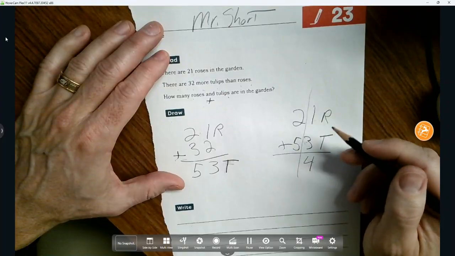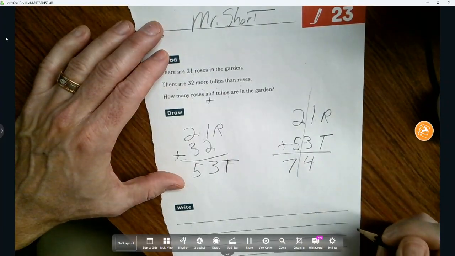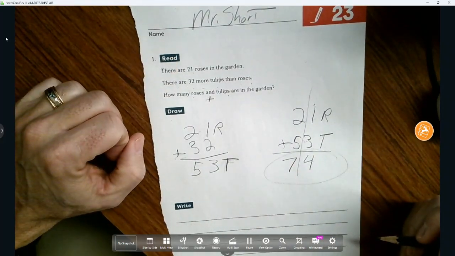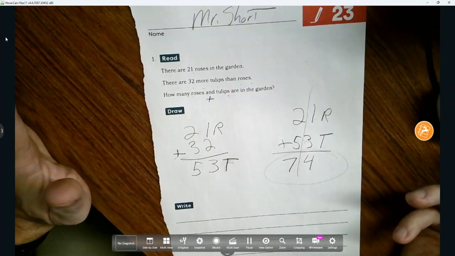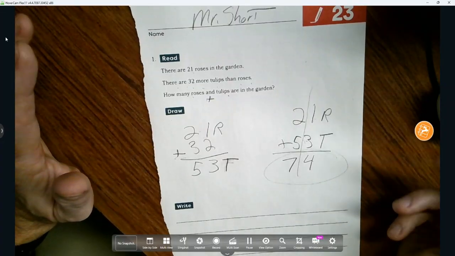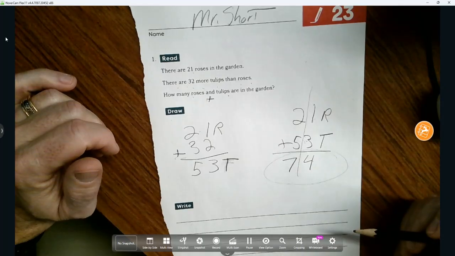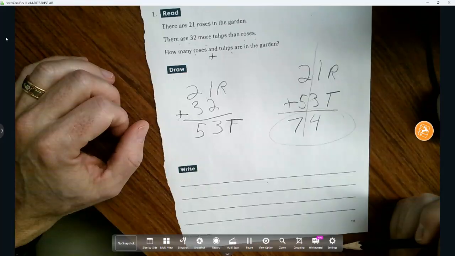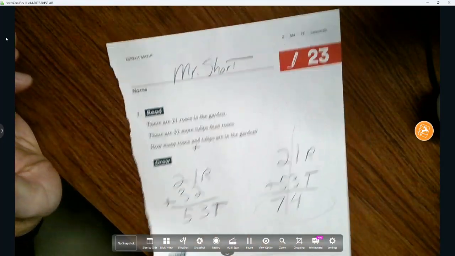What is 2 plus 5? 7. So the total number of flowers we have in the garden is 74 roses and tulips. I guess I shouldn't say in the garden. There could be other ones, but we're just talking about roses and tulips right now. All right, 74 roses and tulips. Down here, write out your thinking, write out how you did it, let your teacher know, and then after you're done with that, flip to the backside.